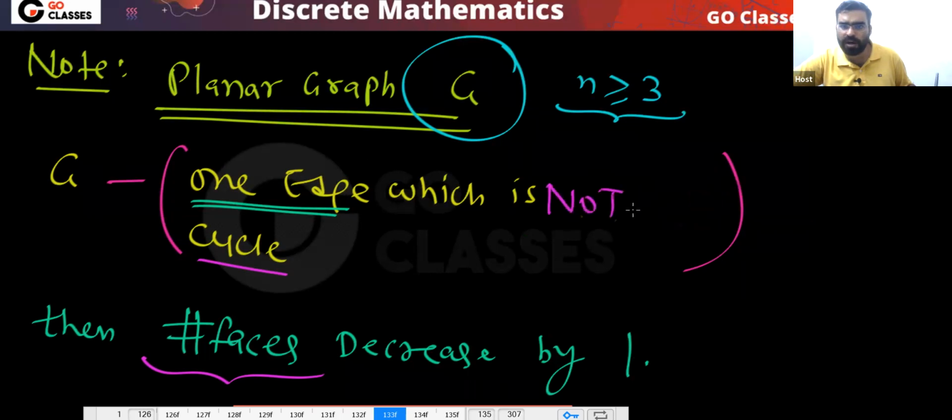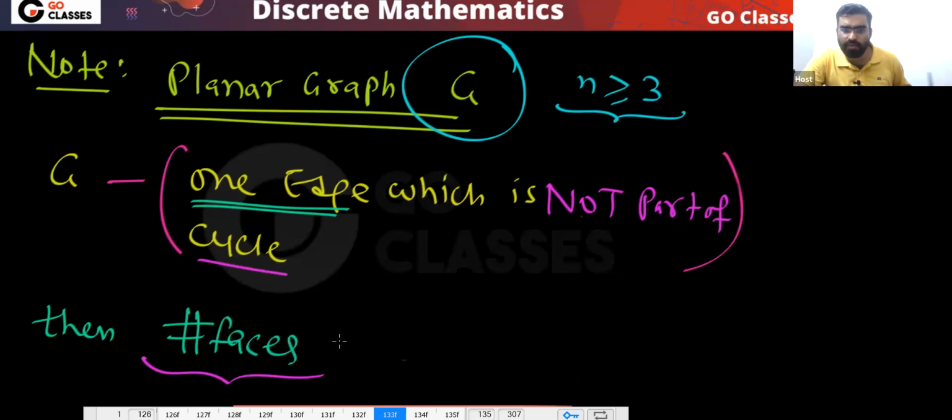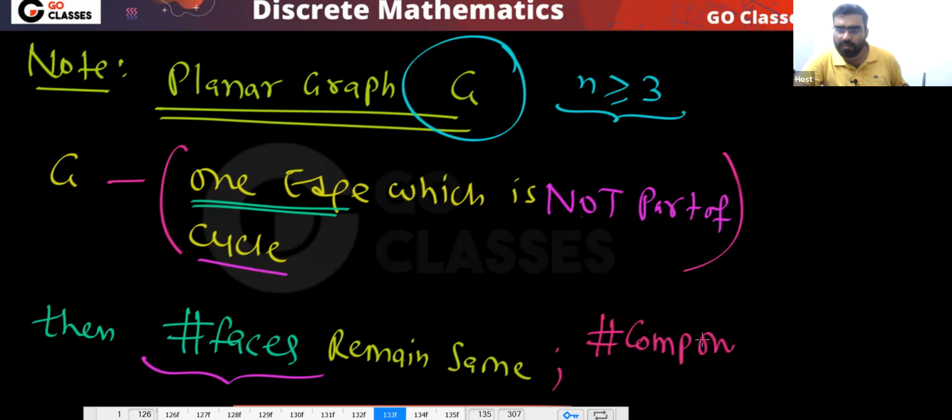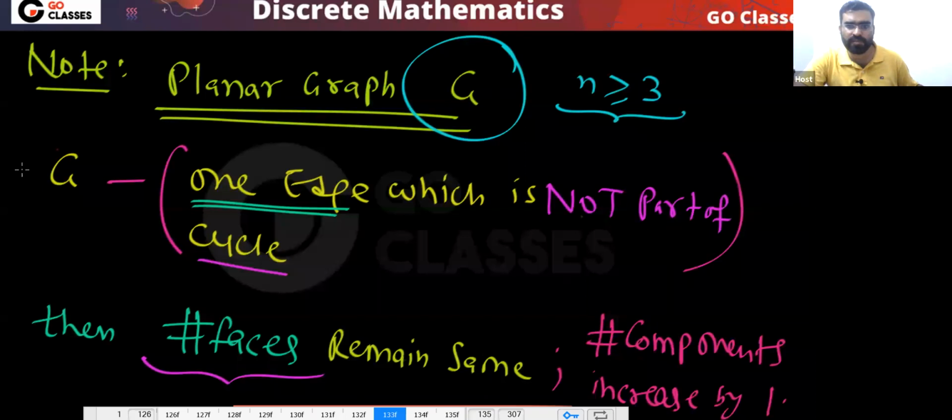The number of faces will not decrease; the number of faces will remain the same. But the number of components will increase by exactly 1 if I remove one edge which is not part of a cycle.